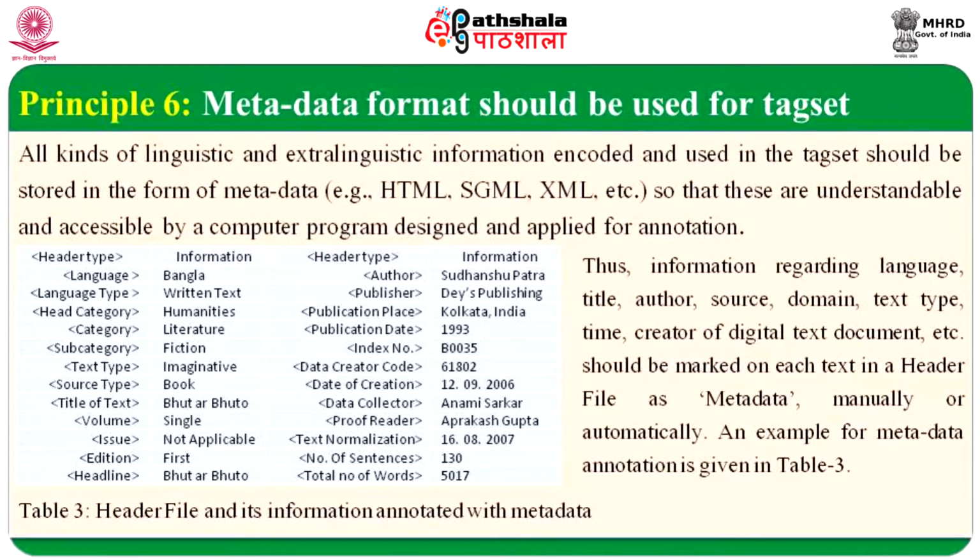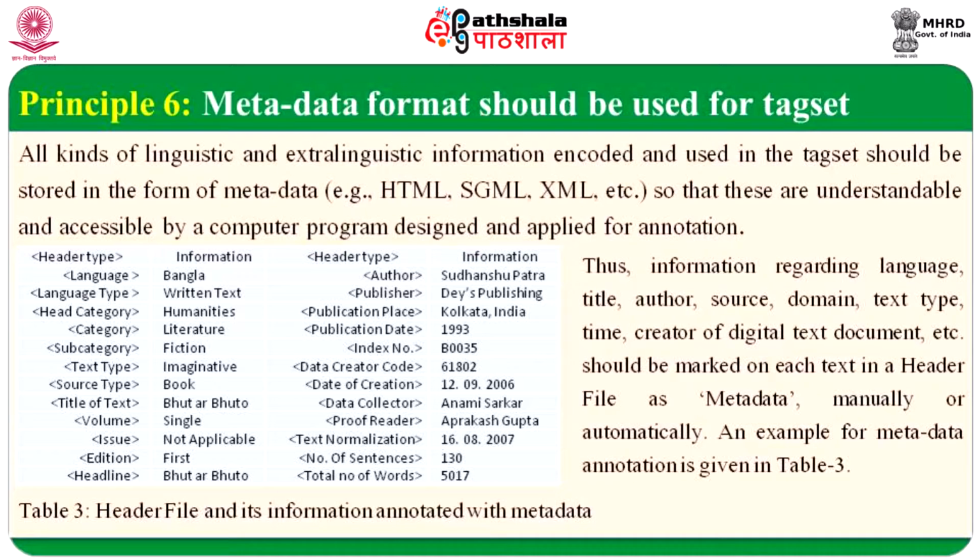So the header types are author, publisher, publication place, publication date, index number, and so on and so forth. Even names of collectors of the data and proofreaders and the information about text normalization, etc., has to be provided in the tag set.